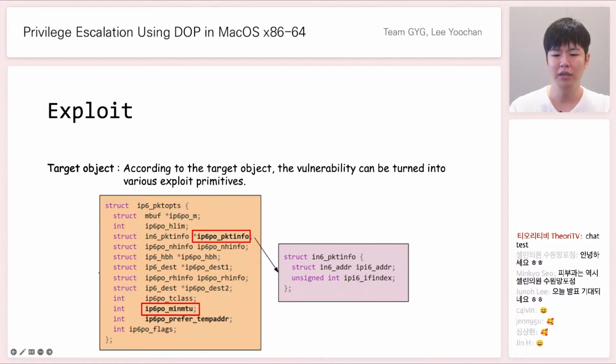By using min MTU, it can leak the kernel pointer, and by using IP6 PO packet info, it can trigger arbitrary address read and write. When I found this object, I was very surprised because one single object has all three primitives needed for DOP.